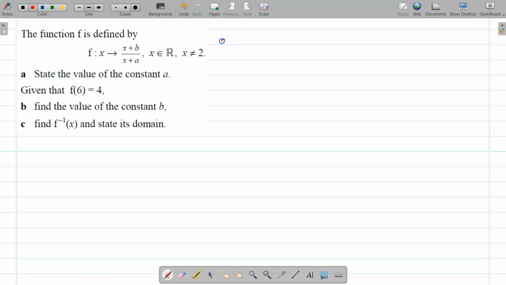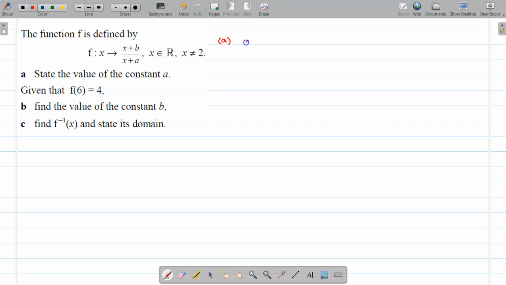Well, basically what they're saying here is what would cause the denominator of that fraction to be 0, and therefore make it invalid. And if x cannot equal 2, the implication is that a must be minus 2.